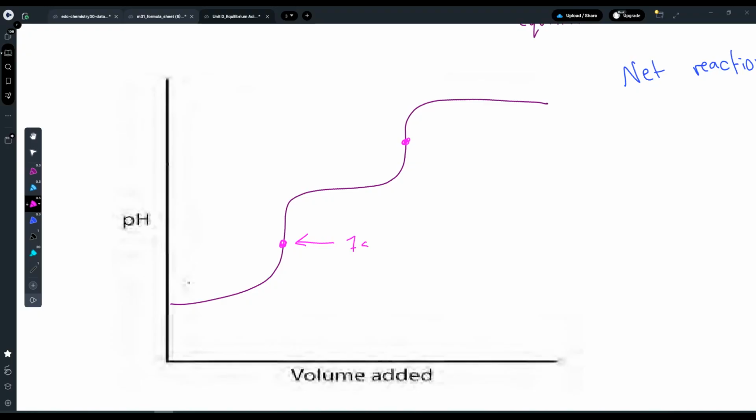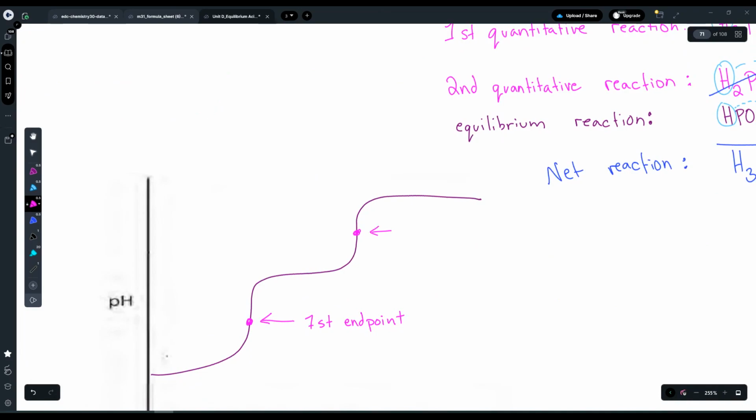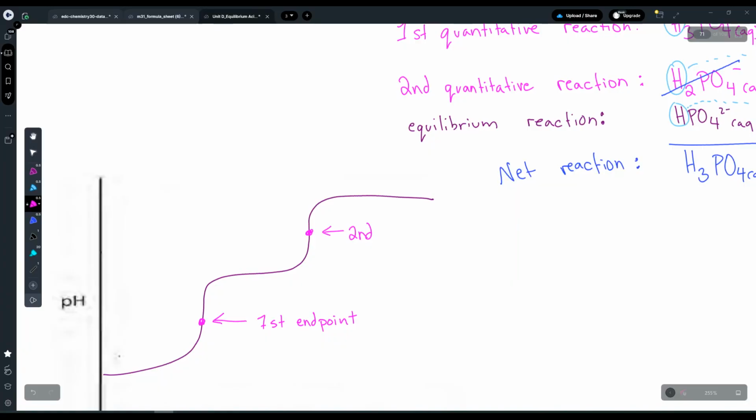So this is the first endpoint, and it's where our first quantitative reaction happens. Up here is going to be our second endpoint, so that's where our second quantitative reaction would occur. I should be writing second endpoint here.